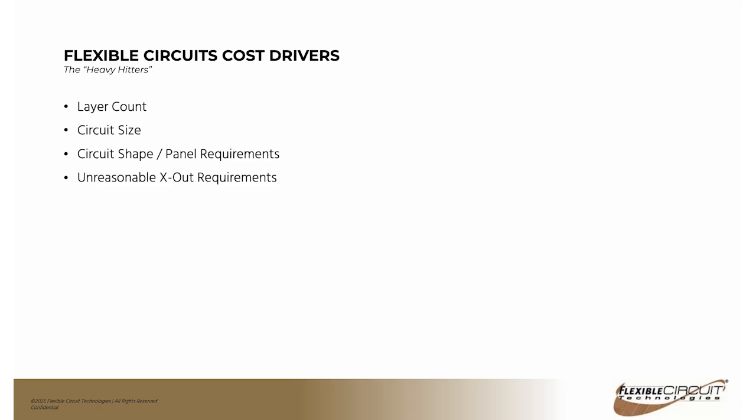Another one we see are unreasonable X-out requirements. If you're getting a panel that's, let's say, 6 inches by 12 inches and it has 25 pieces on it, it's really not realistic to say that no X-outs are allowed, because in order to do that, there's always going to be some fallout in yield, and you'd be basically asking us to throw away 24 good parts because there's 1 bad part.